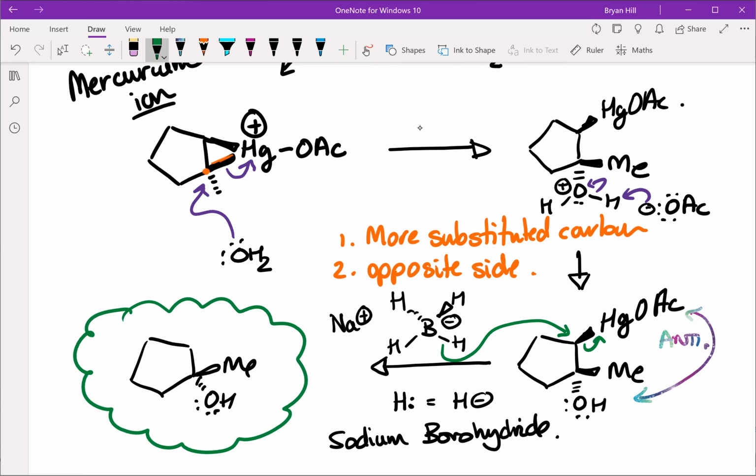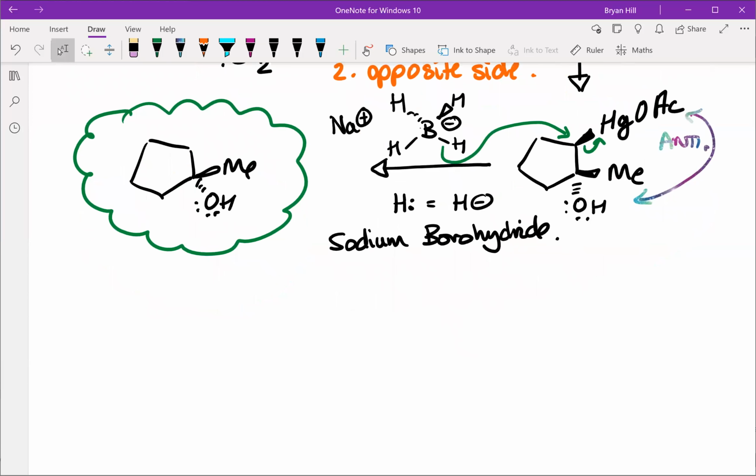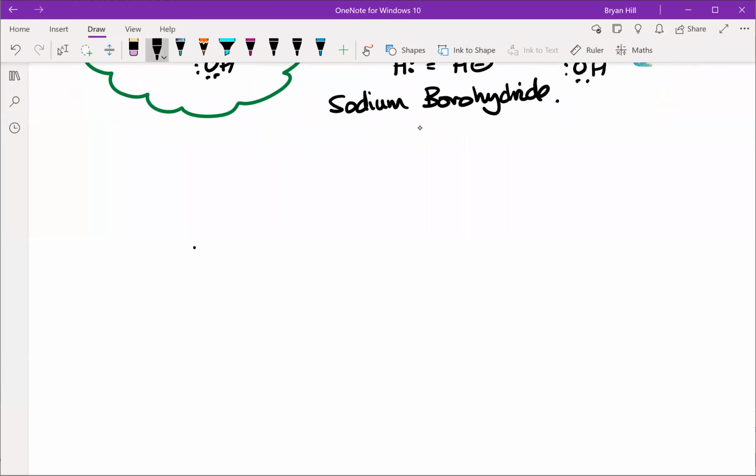So the interesting part: if we want to do this oxymercuration, it requires 2 steps. The first step is using the mercury diacetate in water and THF, and the second step is the reduction using sodium borohydride. For me, if I'm asking this question on a test or something, the more interesting question is this one here. Okay, so let's do an example.